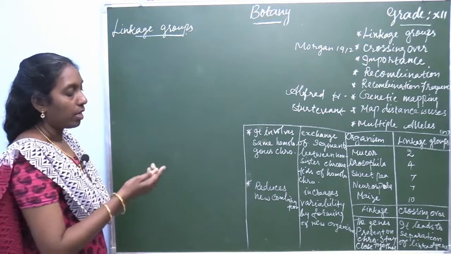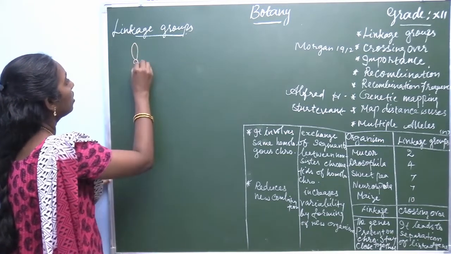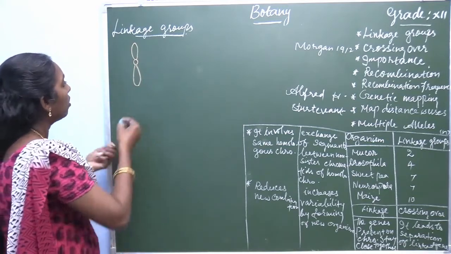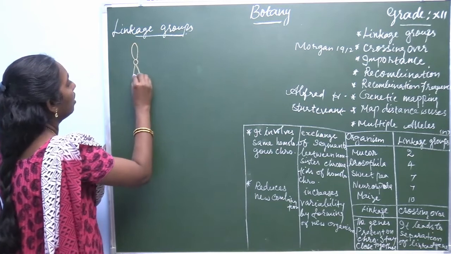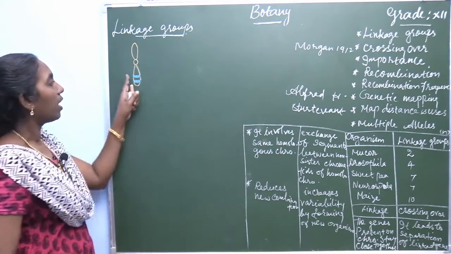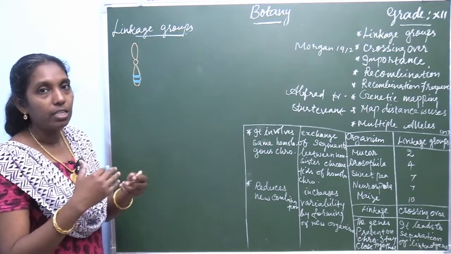Where are the genes located? The genes are located within the chromosome. So, within the chromosome, there are genes. What are linked genes? Genes which are arranged very closely are inherited together.